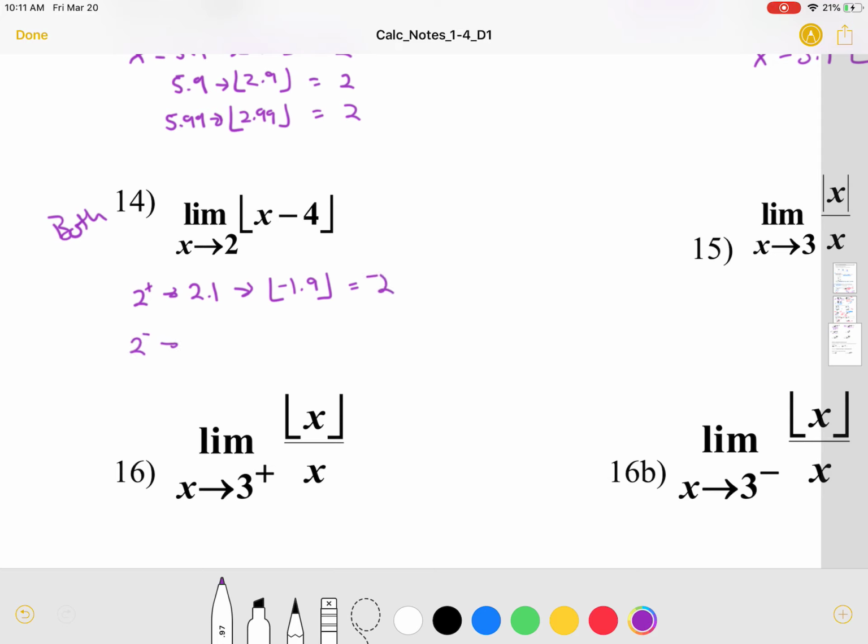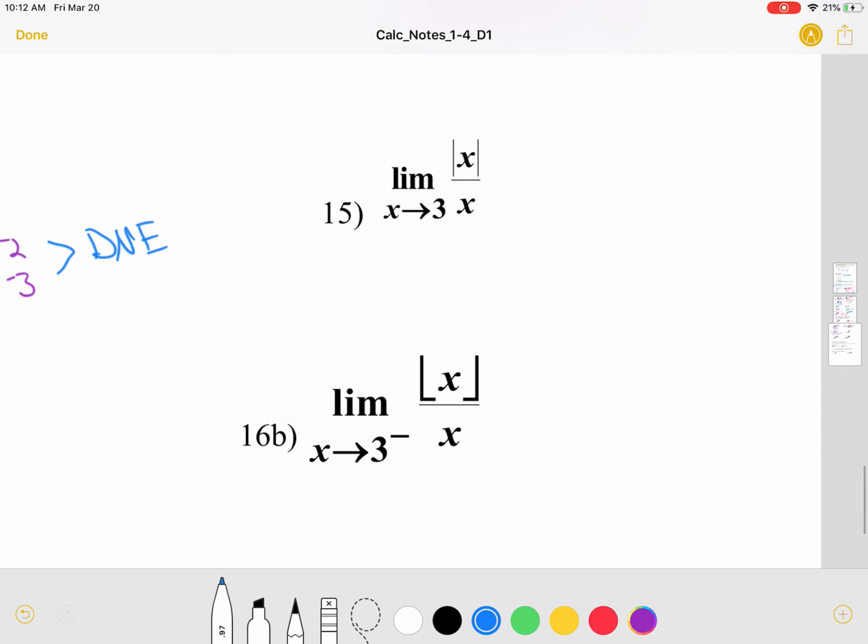Now let's look at 2 from the negative side. So we're going to plug in a 1.9, which is going to take us to the step of 2.1, which equals negative 3. Ooh, so we got 2 different limits going from the right and the left. What's that mean? It means it does not exist.